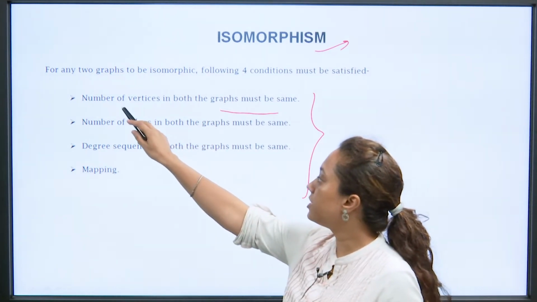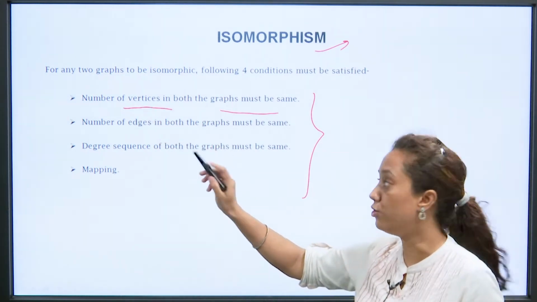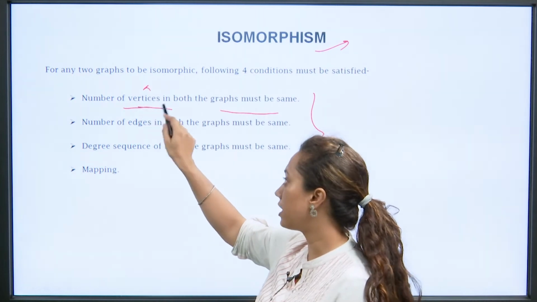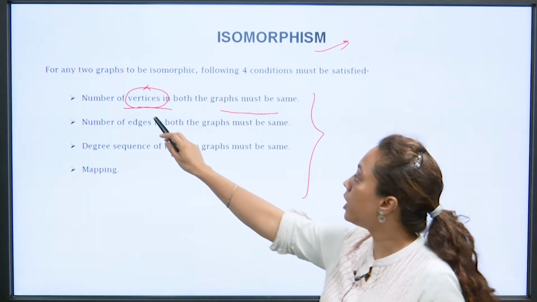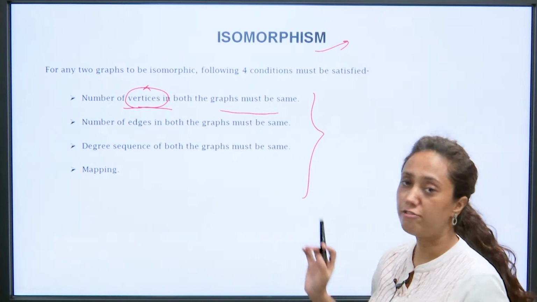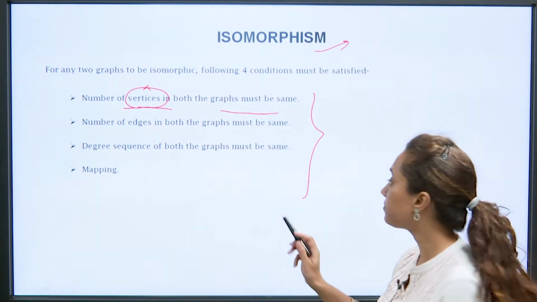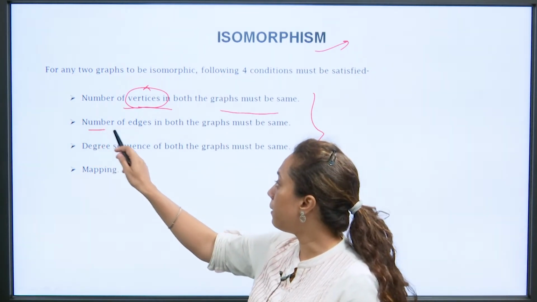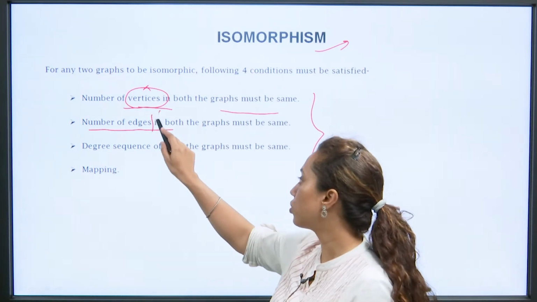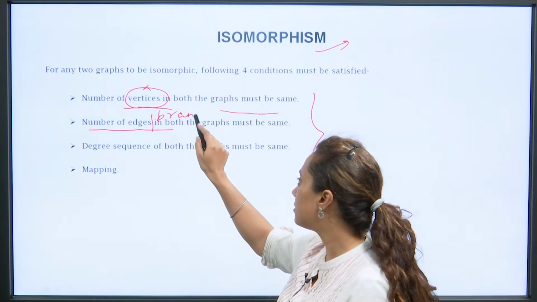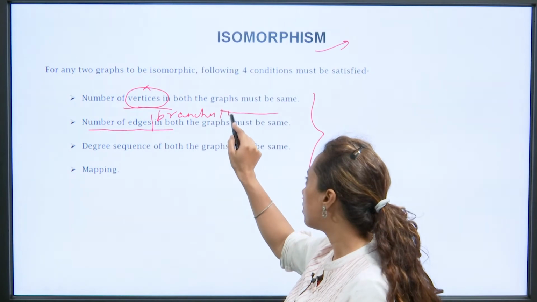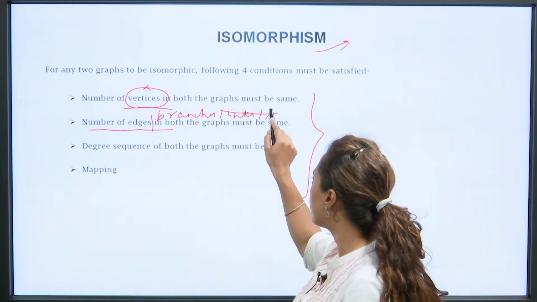So, the first condition is the number of vertices or nodes. They can be called nodes also. So, the number of nodes or vertices in both graphs must be the same. This is the first condition. Second is the number of edges. Edges are also called branches, links or lines.